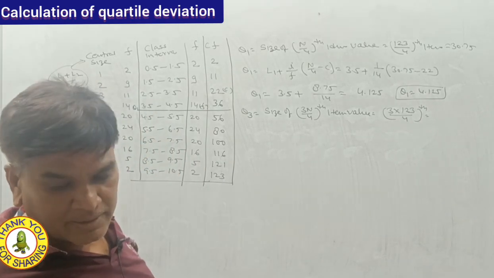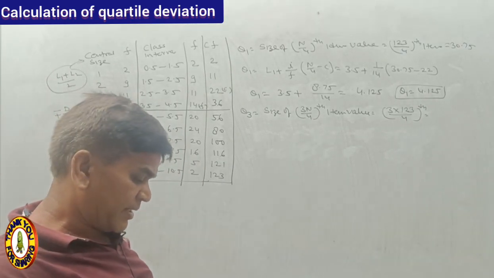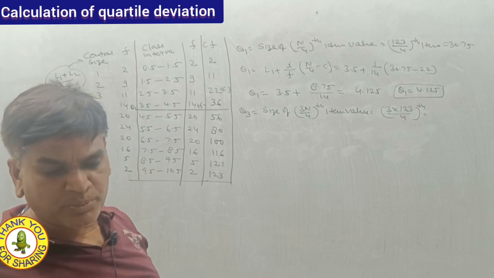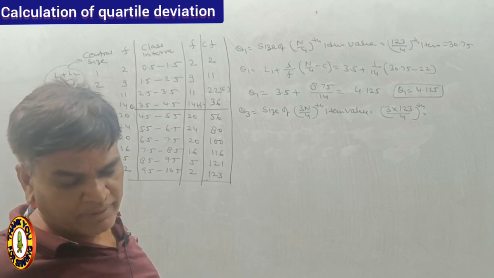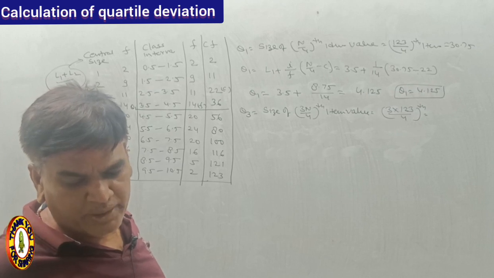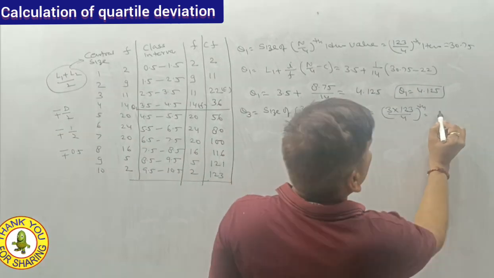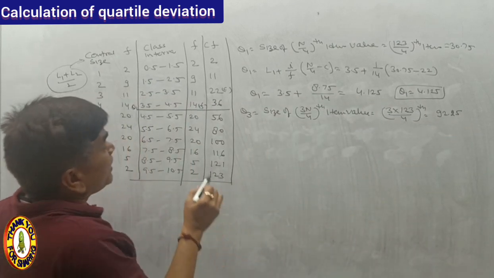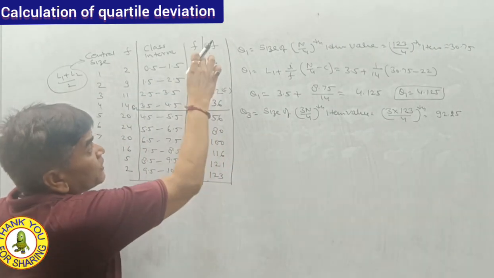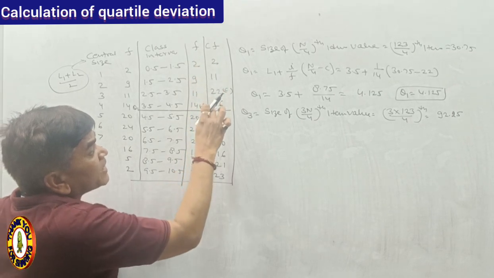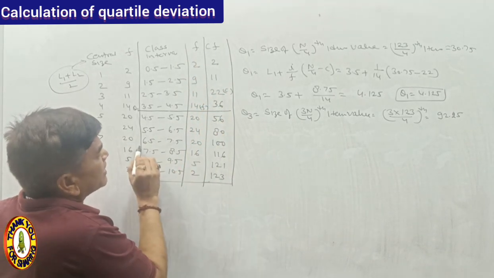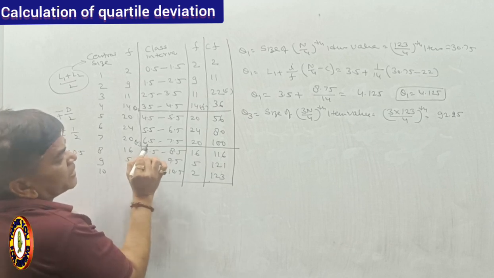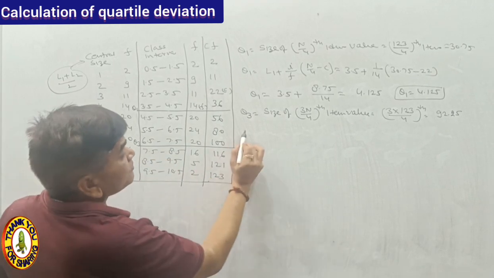That is 30.75 multiplied by 3, that is 92.25. In 92.25, we will see the cumulative frequency where it falls, that is here. So the class interval of Q3 is equal to 6.5 to 7.5.